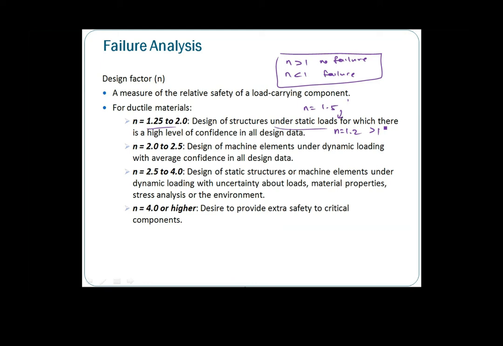If you have more uncertainties, then the design factor should go higher, so it's 2.5 to 4. For extra safety or critical components, you will have to put higher safety factors. So 4 and above could be considered. All right, so this is about failure analysis.